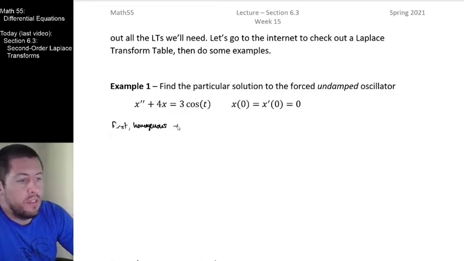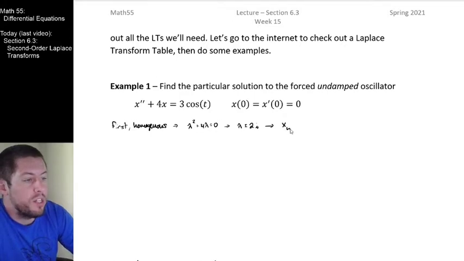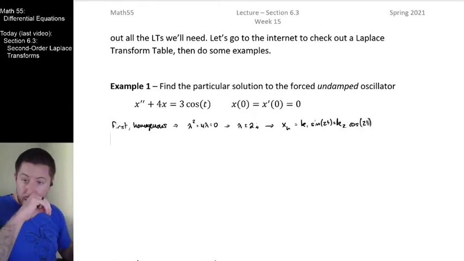For the homogeneous equation, I'm just going to say lambda squared plus 4 equals 0. That tells us lambda is plus or minus 2i, so our homogeneous solution for x is k1 sine of 2t plus k2 cosine of 2t. That's just our homogeneous solution.